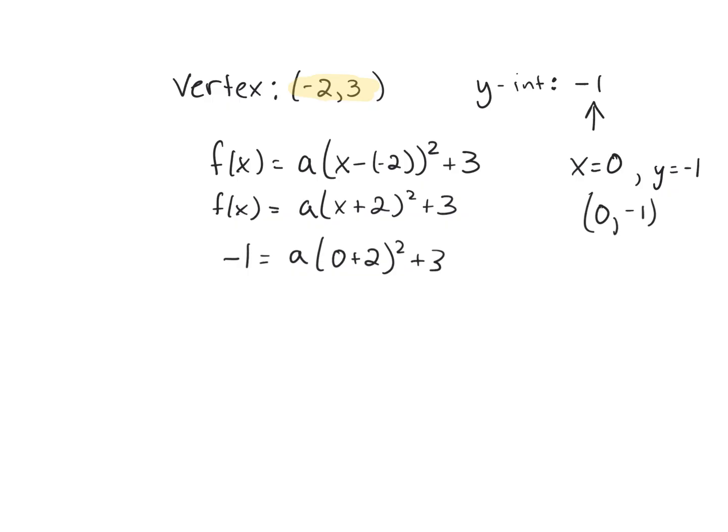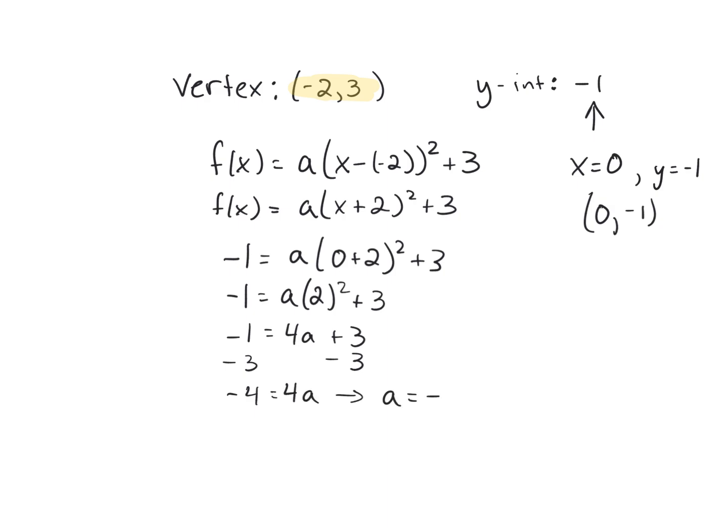Now I've limited it down to just one variable. Let's solve for a. -1 is equal to a times 2 squared plus 3. So -1 is equal to 4a plus 3. I'm going to subtract 3 from both sides. I'm going to end up with -4 equals 4a, which means that a is equal to -1.